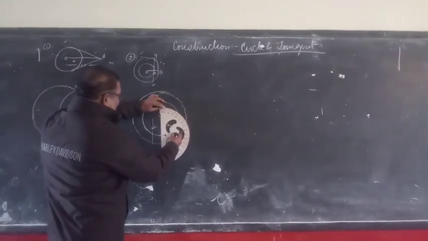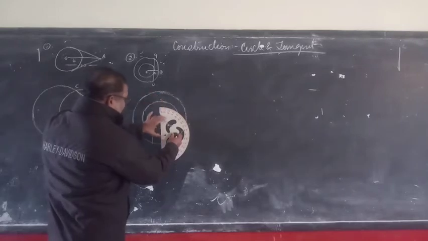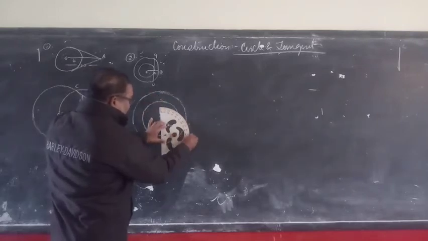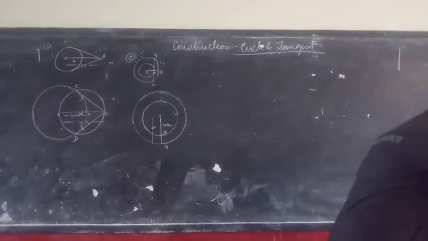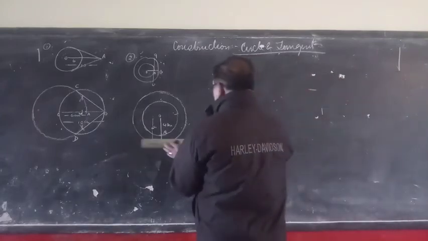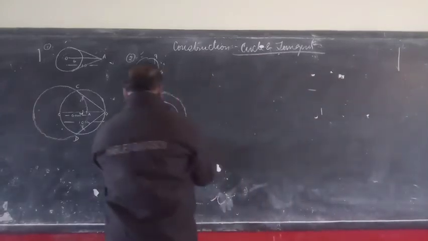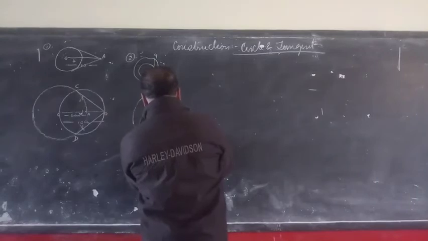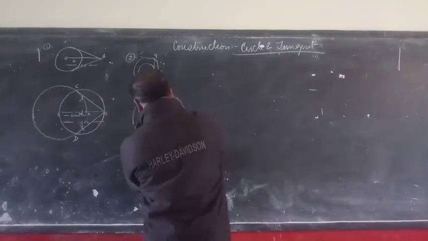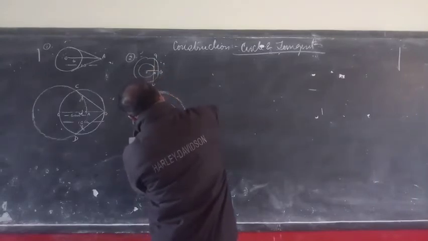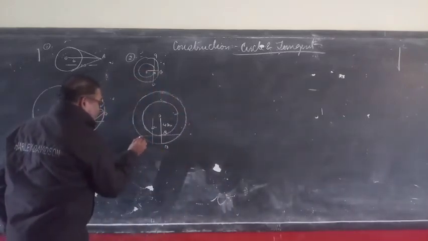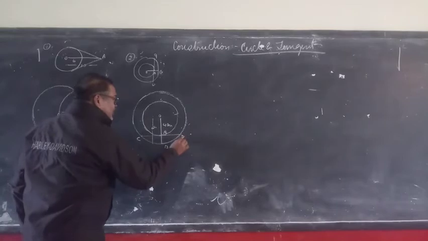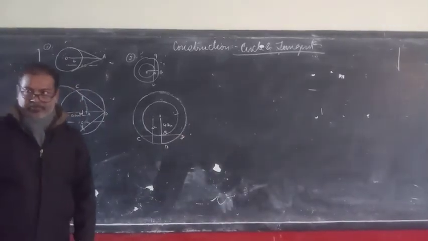Make an angle of 90 degree exactly at A. Put a notation here. Now here you write C and here you write D.